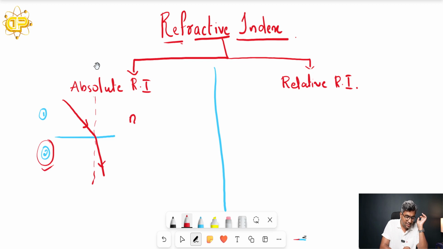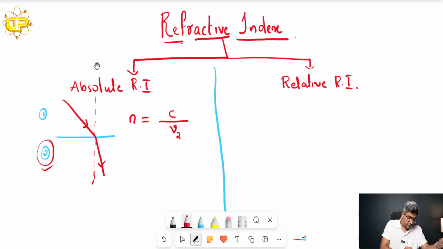This is given as the ratio of the velocity of light in air or vacuum to the velocity of light in this particular medium, which is given as Vm, or simply V2, which represents the velocity of light in medium 2.